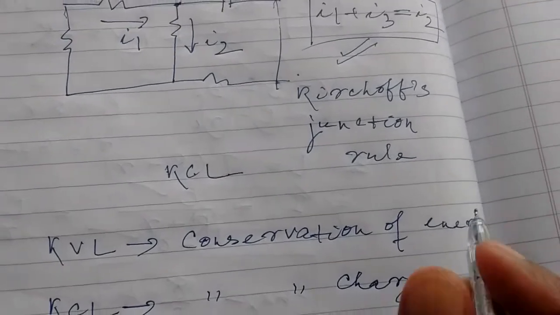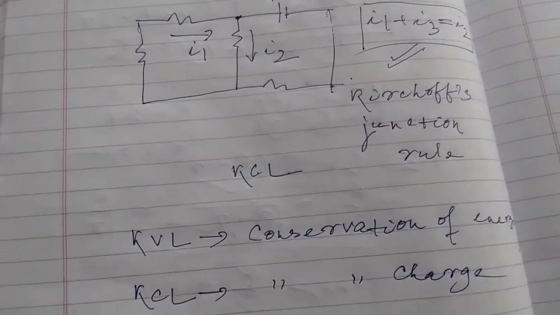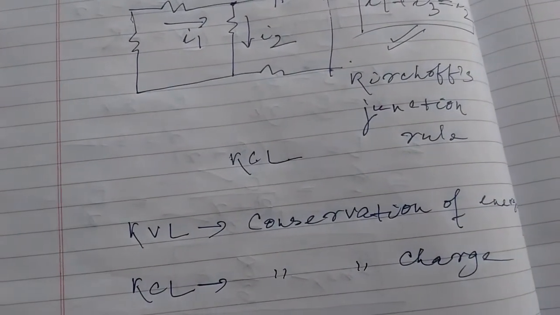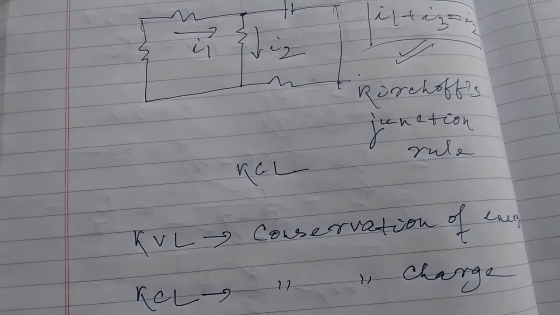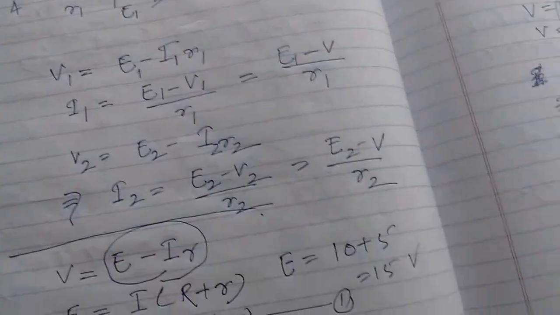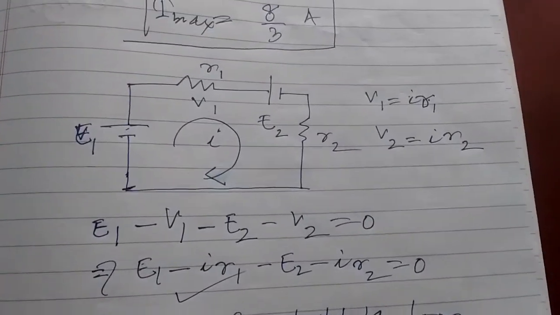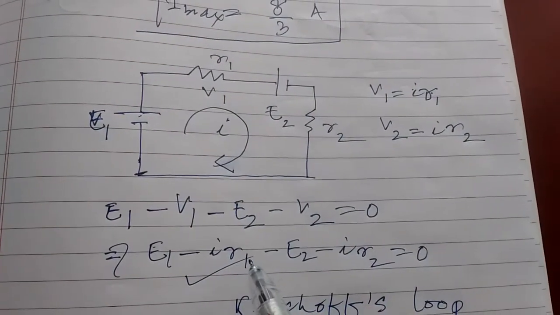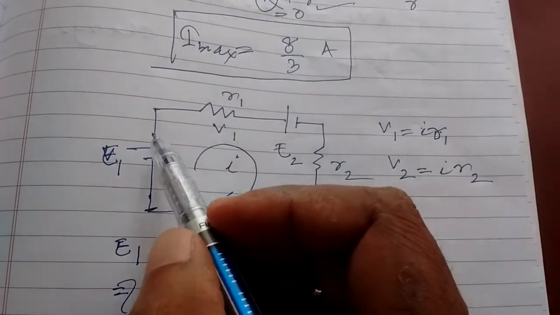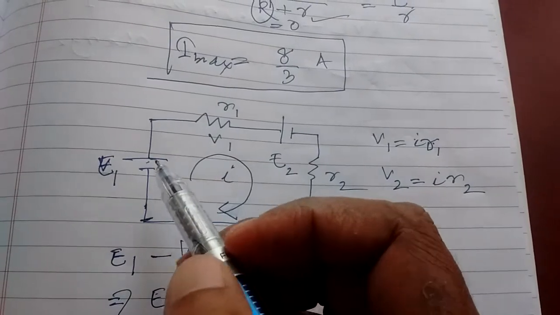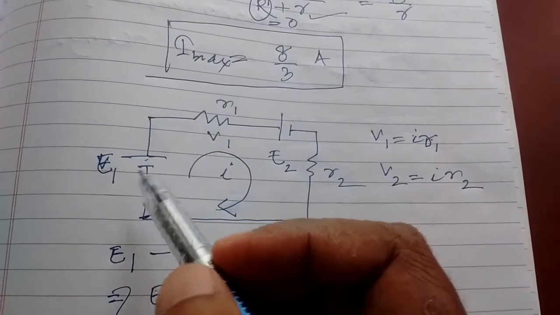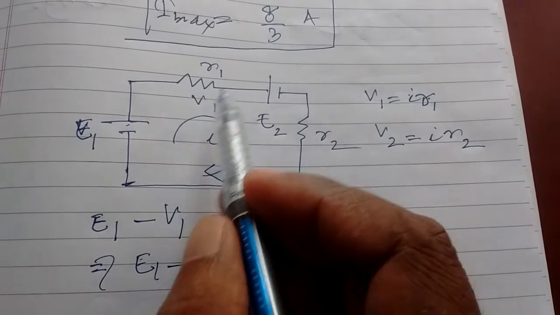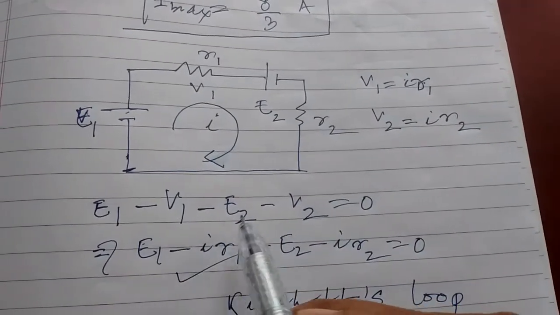Why is this like this? Okay. Let us come back to the KVL first. You look here. E1 minus, now you look, whatever energy is supplied by this battery is used up by this one and this one, because all are negative.